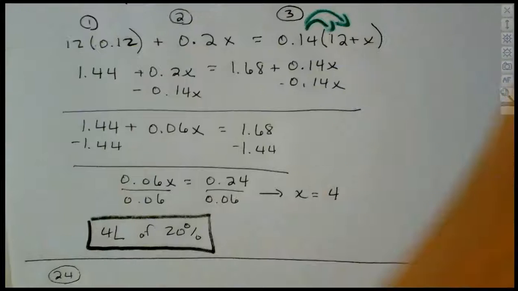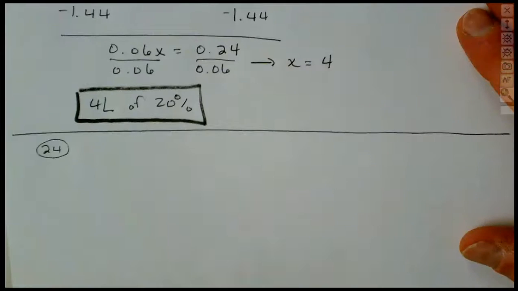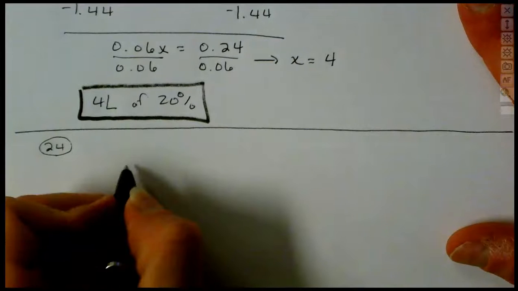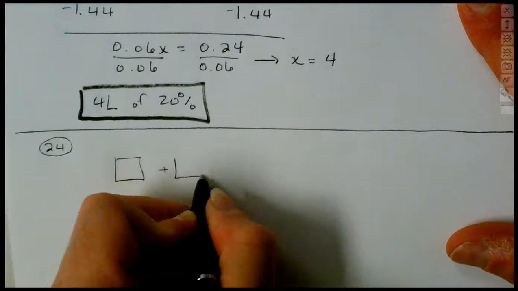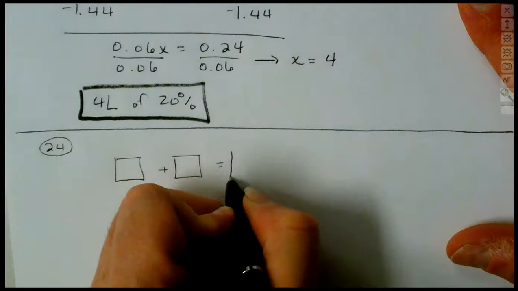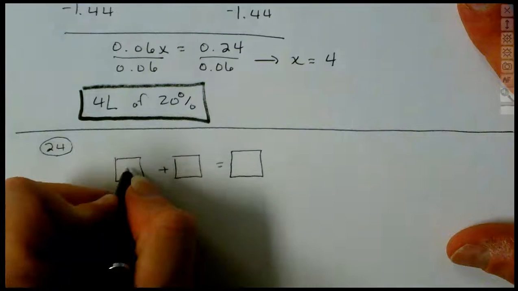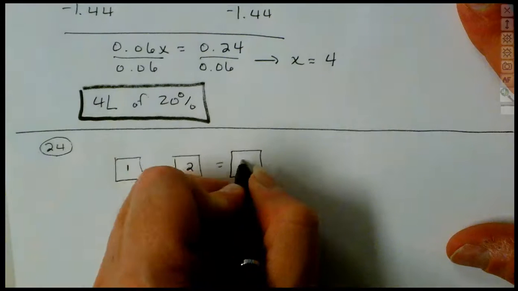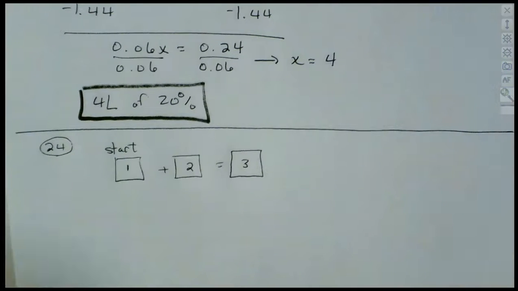So let's go ahead and see what we've got. Again, we're going to draw our 3 boxes out. And sometimes it might be easier to label them too. So we're going to start here with what?